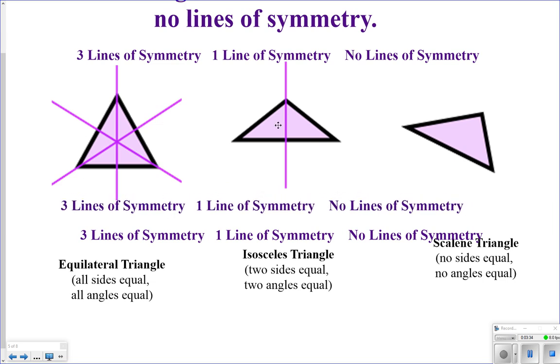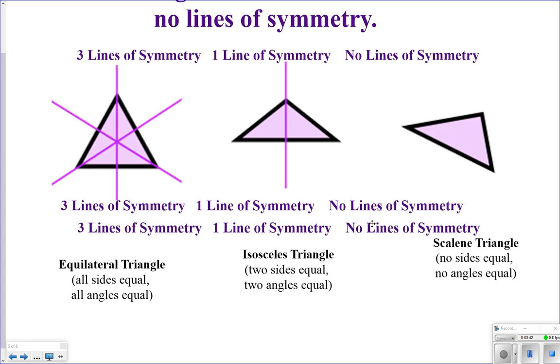And this is an isosceles triangle. The isosceles triangle has just one line of symmetry. And what about the scalene triangle? The scalene triangle has no lines of symmetry. Again, look with me, the equilateral triangle: all sides are equal and all angles are equal. Do you remember it? Yes.